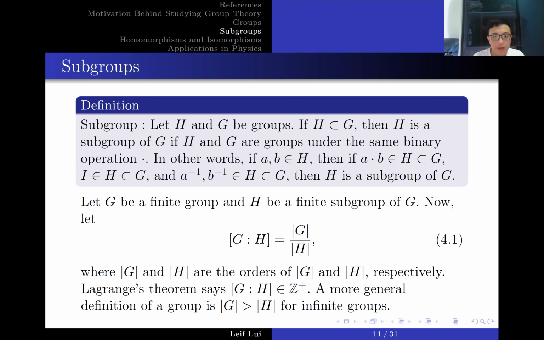When we divide the order of G by the order of H, we find by Lagrange's theorem that this quantity should be a positive integer, meaning that the order of G is an integer multiple of the order of H. A more general definition of a subgroup, for infinite groups, is that the order of G must simply be greater than the order of H. So this is a good definition for a subgroup, at least.